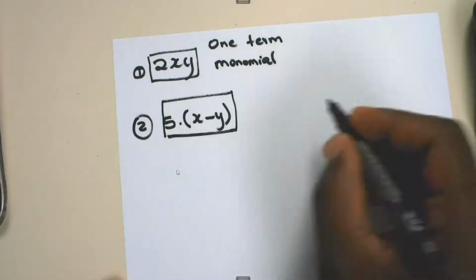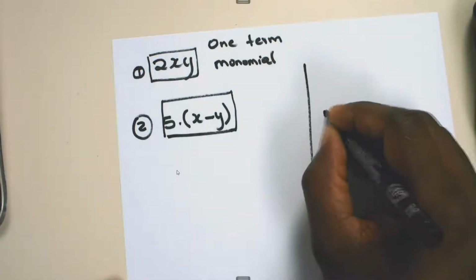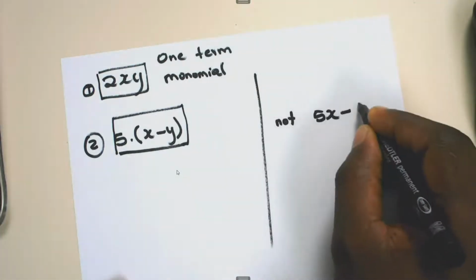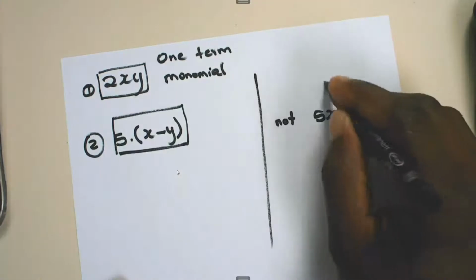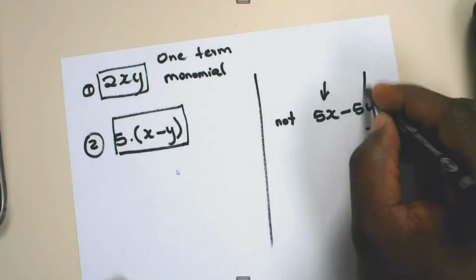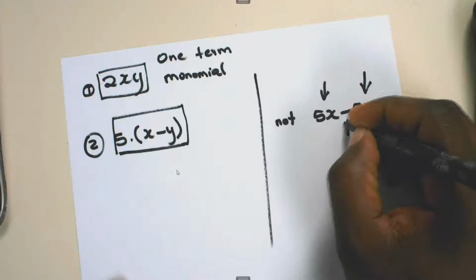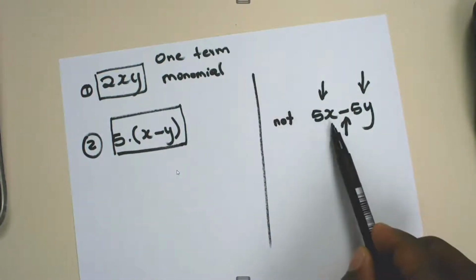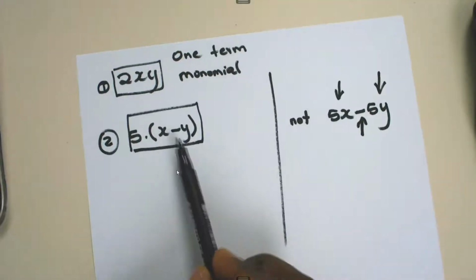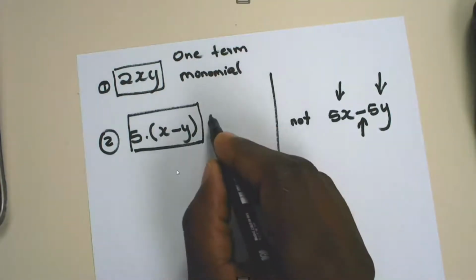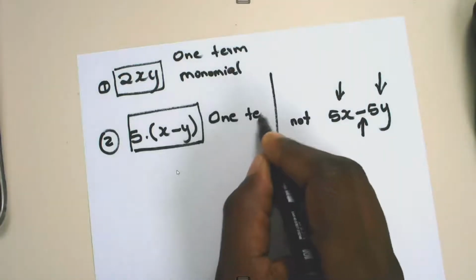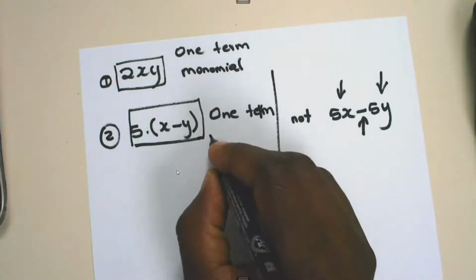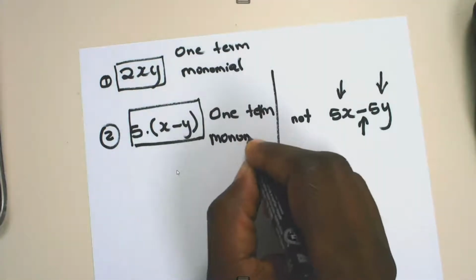It's not the same as 5x minus 5y, whereby 5x and 5y are separated by an operation sign, minus. In that case, these are 2 terms, but in this case, this is one term. So it's also a monomial.